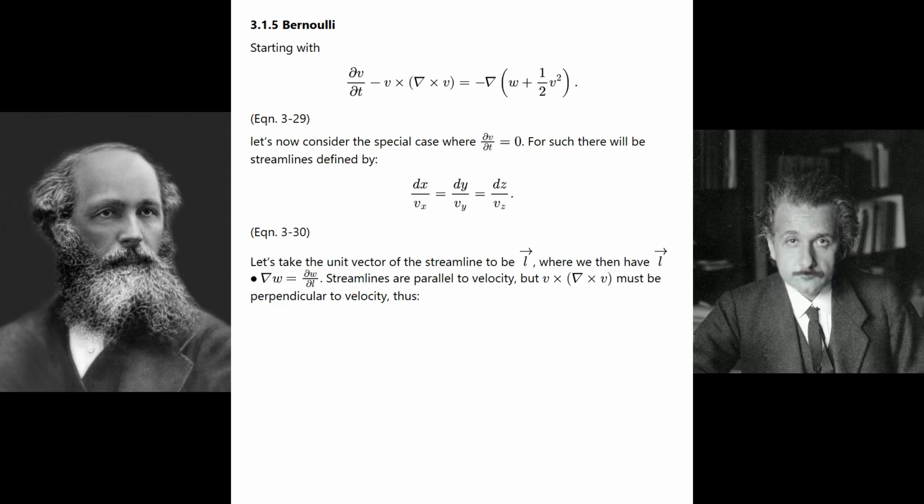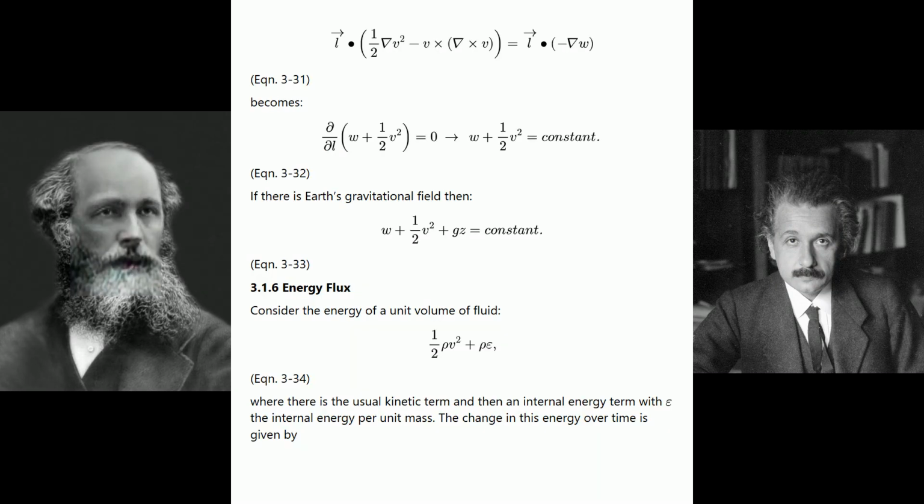Let's take the unit vector of the streamline to be vector L, where we then have L dot gradient W equals the partial derivative of W with respect to L. Streamlines are parallel to velocity, but v cross curl of v must be perpendicular to velocity, thus see equation 3-31 becomes see equation 3-32. If there is Earth's gravitational field, then see equation 3-33.